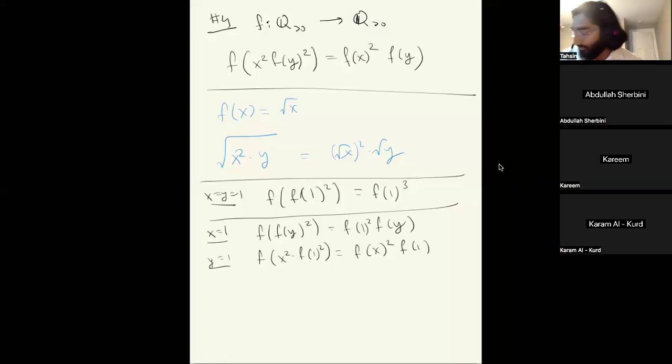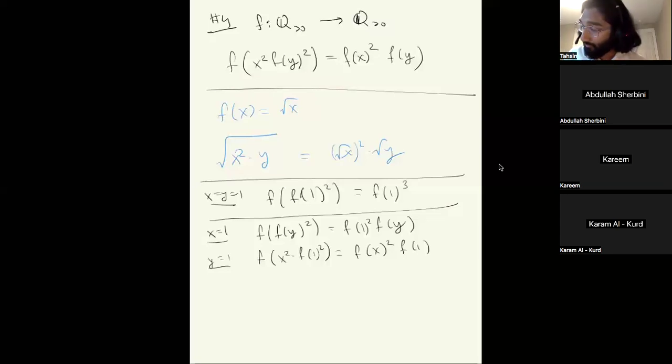So any ideas, other things we can plug in? One thing you can try is that this whole left-hand side is very unwieldy, kind of a mess.